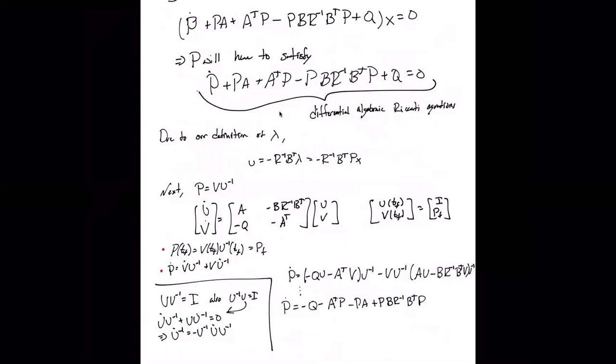So now this recovers the algebraic Riccati equation as well, which therefore we can define the Hamiltonian matrix, which is capital H here, as equal to A, negative B R inverse B transpose, negative Q, negative A transpose. Right?